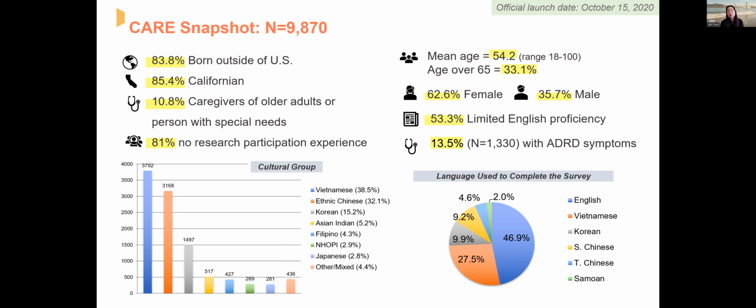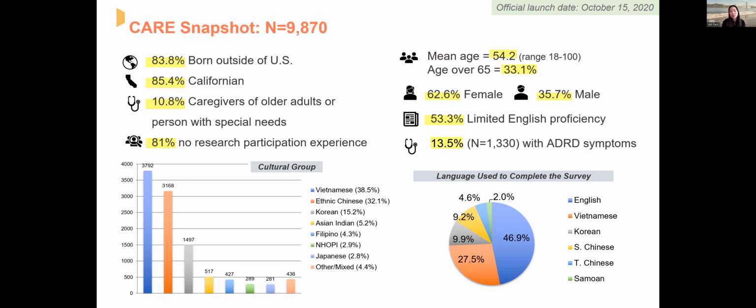You can see the mean age here is 54, and about a third are 65 years and older, a testament to, again, the fact that we focus a lot on aging issues across the lifespan. More than half reported having limited English proficiency. About 13.5% also reported having ADHD symptoms.